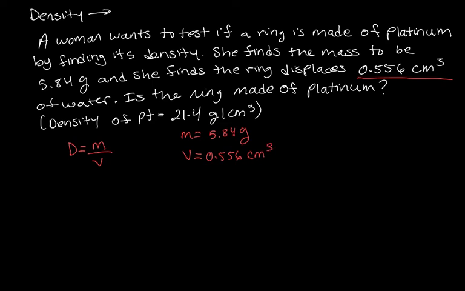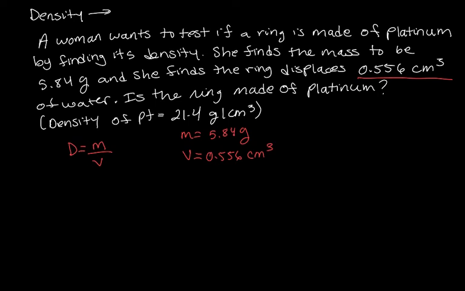And it says here that the ring displaces 0.556 cubic centimeters of water. That's analogous to you sitting in a bathtub. The amount of water that you displace is the volume of your body. And same thing with the ring. The amount of water that it displaces is its given volume, how much space it's actually taken up.